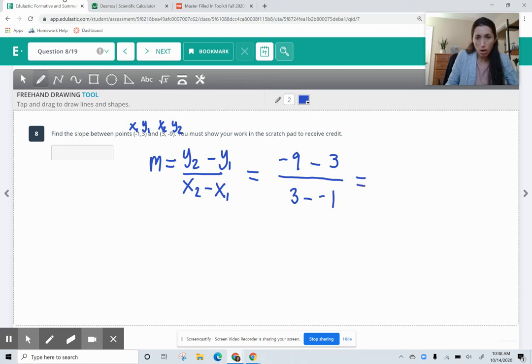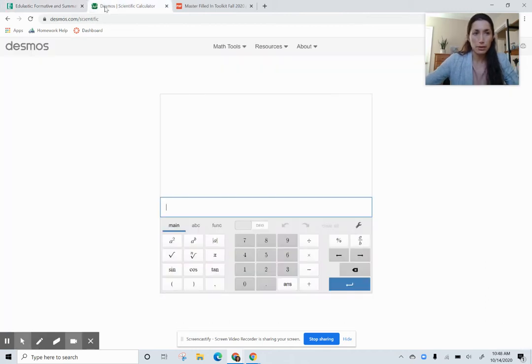As long as you have all of your work here, now if you'd like, you can go ahead and simplify that in the Desmos calculator. We'll do it together, and then I'll show you how to do that on the calculator. So we have negative 12, and then we're going to divide that. This is really like 3 plus 1, minus a negative is plus, and this is going to simplify to negative 3.